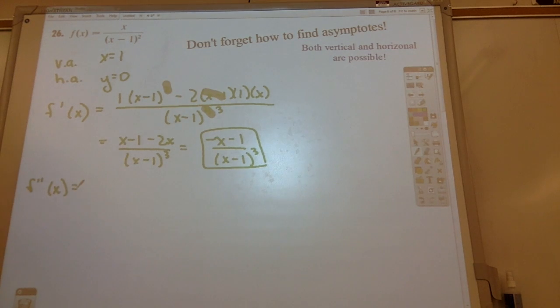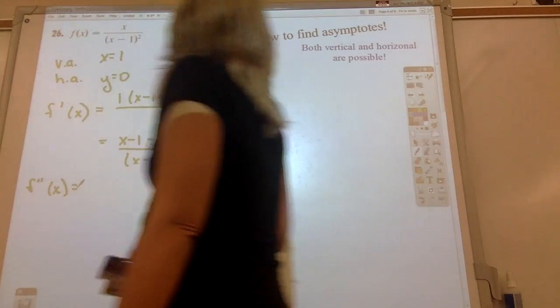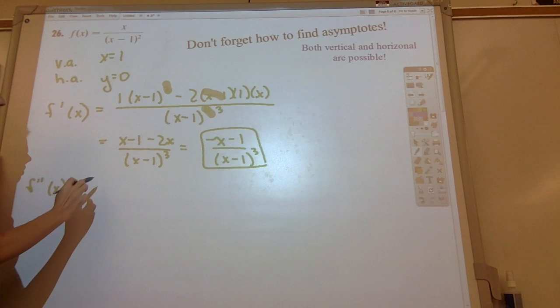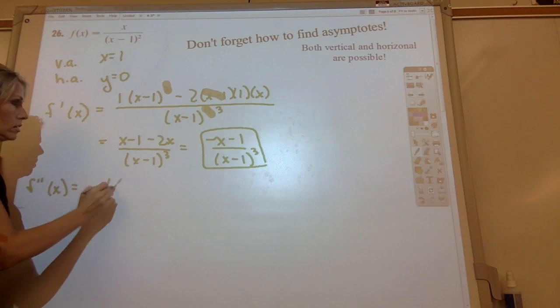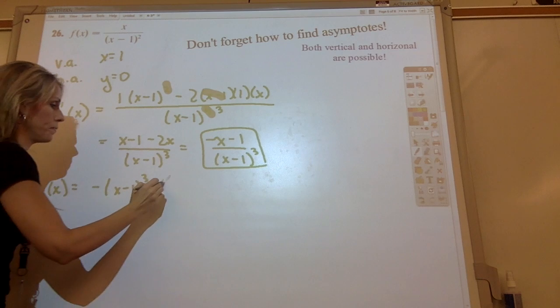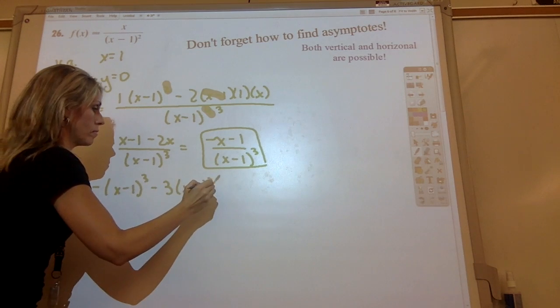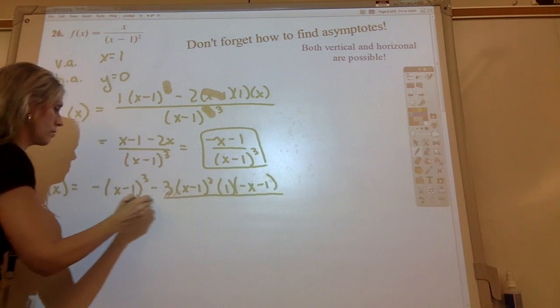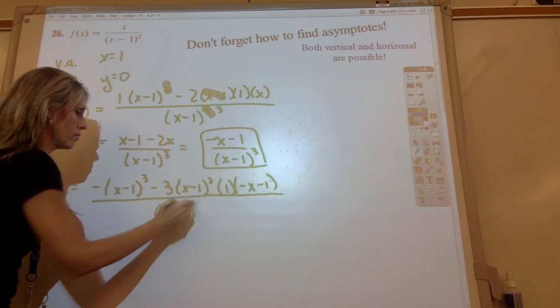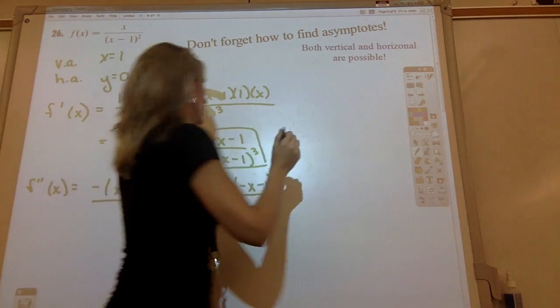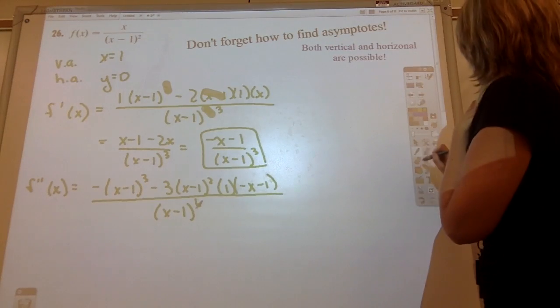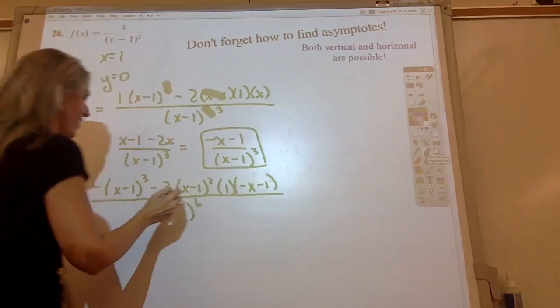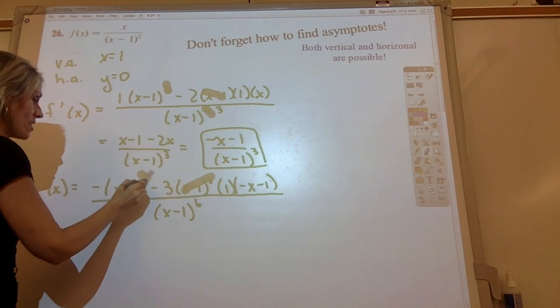It's up to you once you get the first derivative. If you want to factor out a negative sign and have that numerator be an x plus 1 and have a negative sign hanging out, it's up to you. Stuff's canceling.